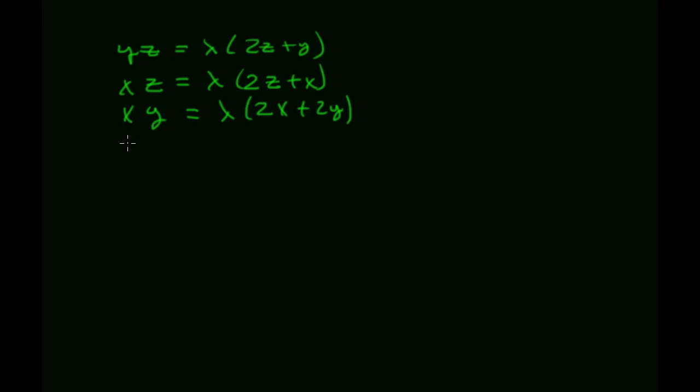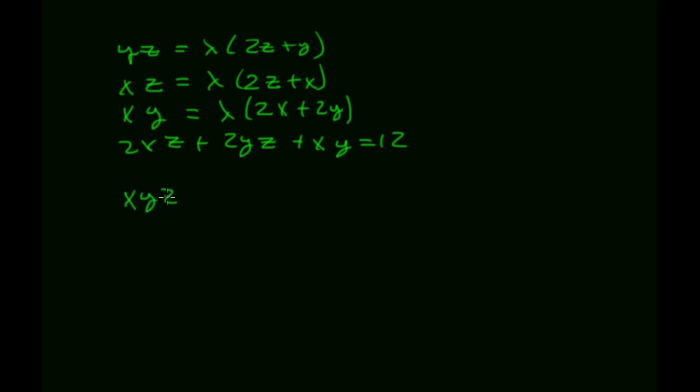All right, and the other thing that we need is that 2xz plus 2yz plus xy has to equal 12. If I take the missing parts to each of these, I'm going to get 3 equations.